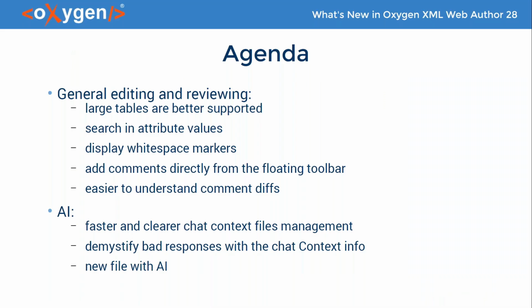And then I will talk a bit about the new file dialog from Web Author that now has an AI prompt field that allows you to create a file by using the AI, but more on this later.